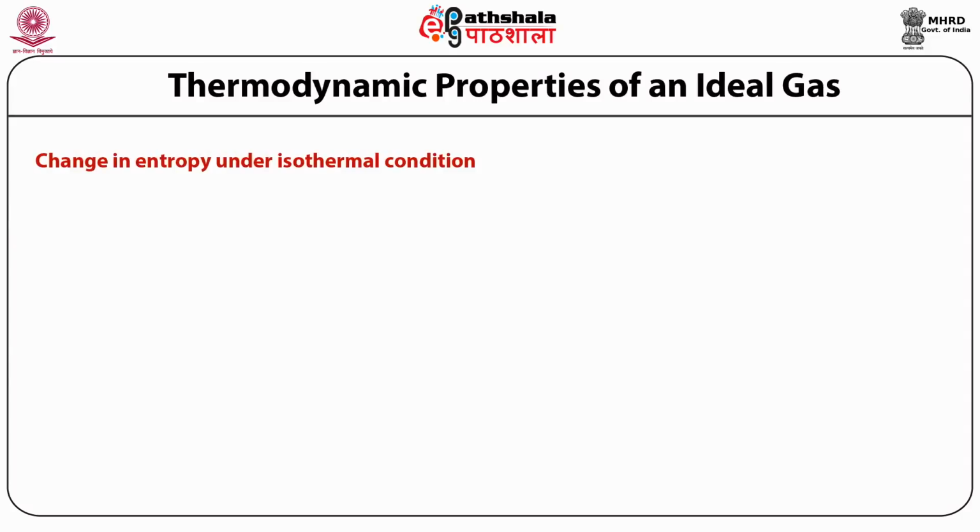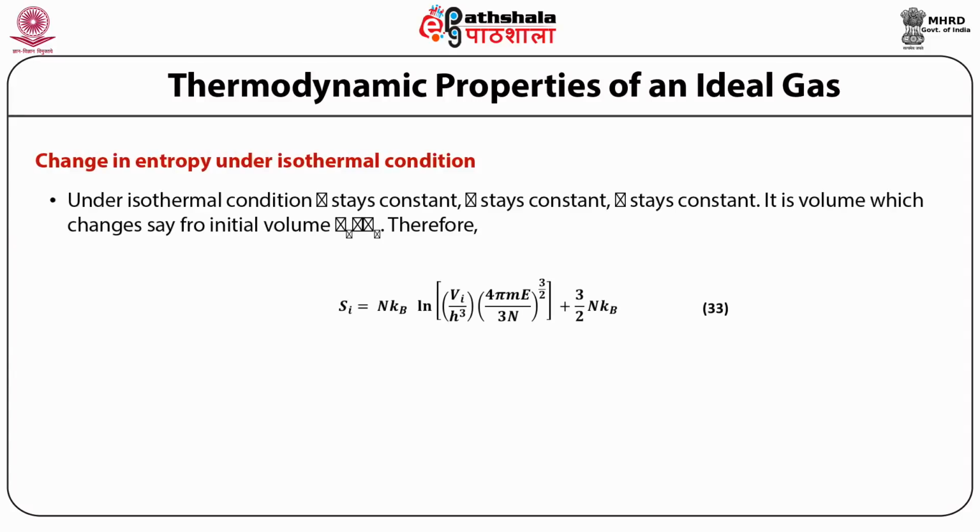Change in entropy under isothermal condition. Let us try to calculate it. Under isothermal conditions, T stays constant, N stays constant, E stays constant. It is volume which changes, say, from initial volume Vi to Vf.